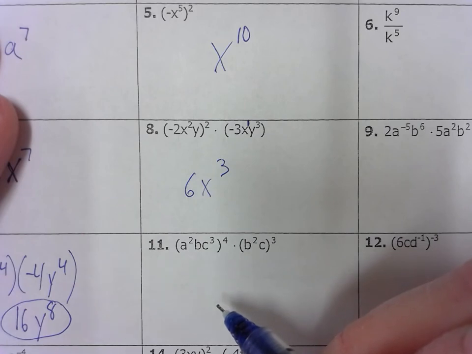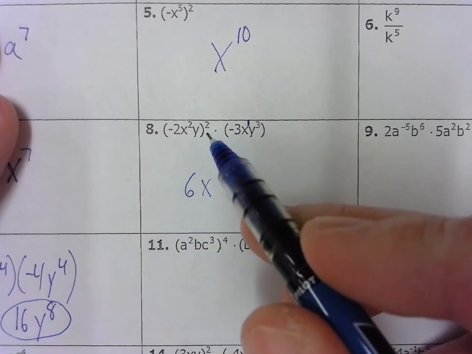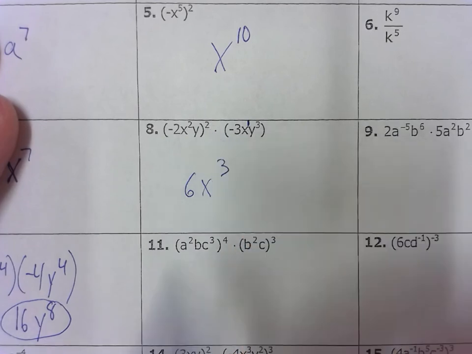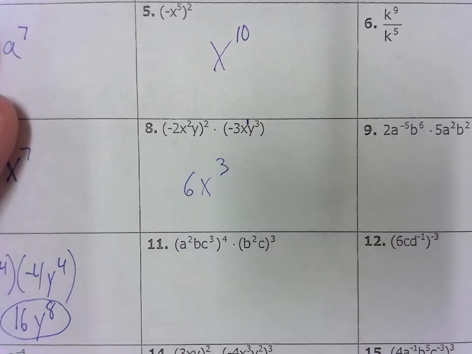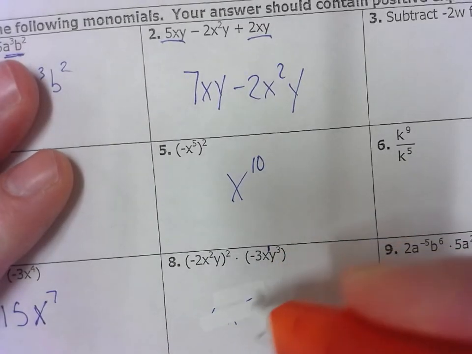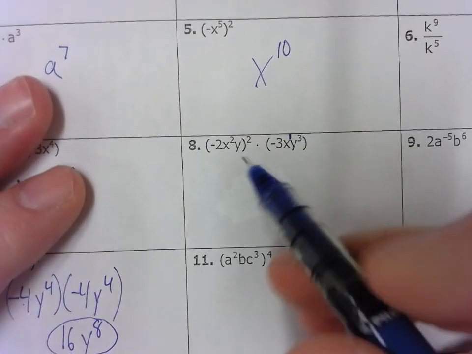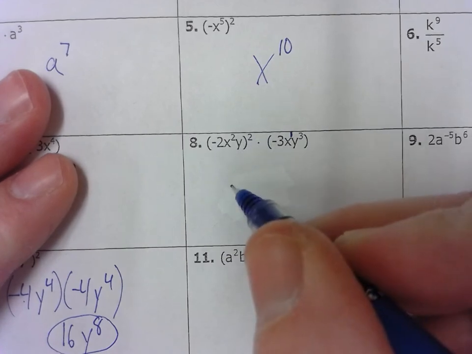And oh my, I'm glad that I had my answer key off to the side here. My eyes, I missed that 2 right there, didn't I? So I need to square everything first. So I square this first to get 4.